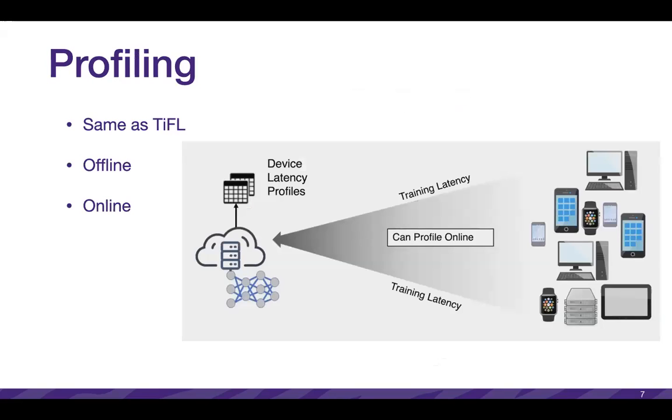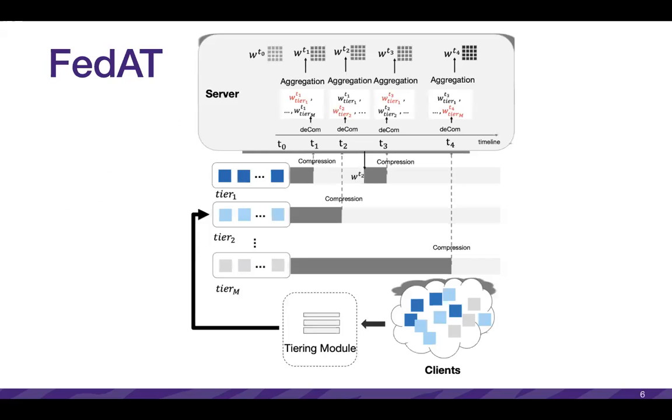And to start the training, the first step is the profiling. And this paper... Could you go to the previous page? So across tiers, will the server do anything across tiers? You mean the aggregation rules?